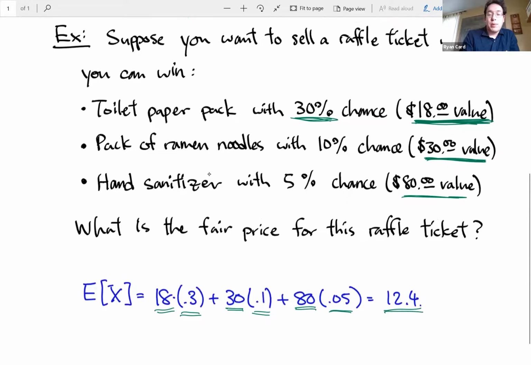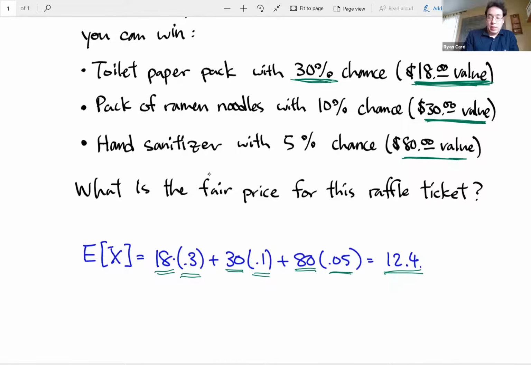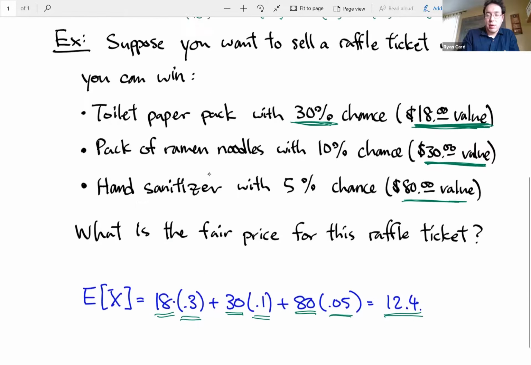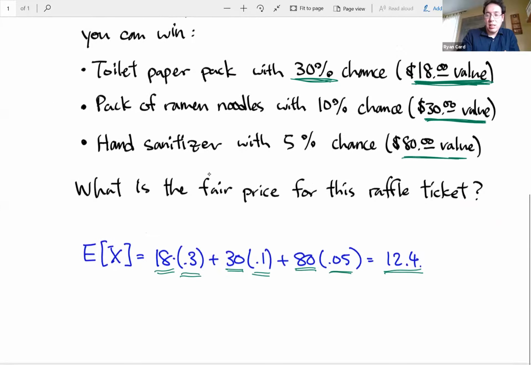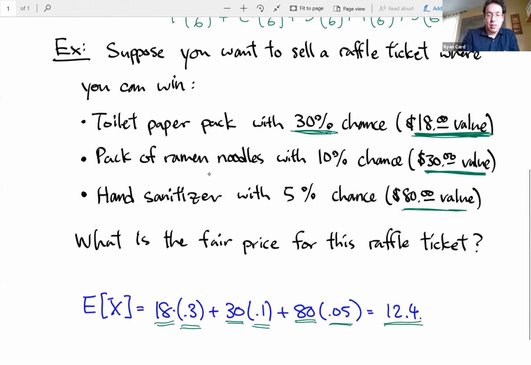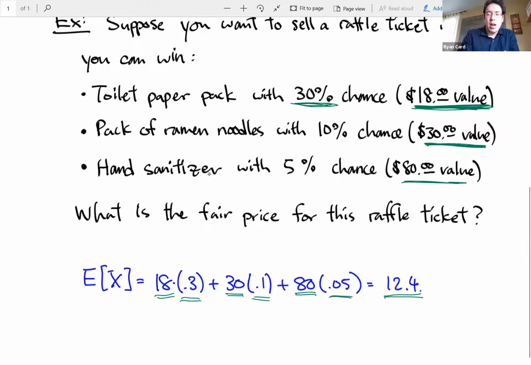So on average this raffle gives you a $12.40 prize. You could go from there to decide how much you actually want to charge to make this fundraising viable. You certainly don't want to charge under that, then you'd be losing money on the long run average. I hope that made sense.